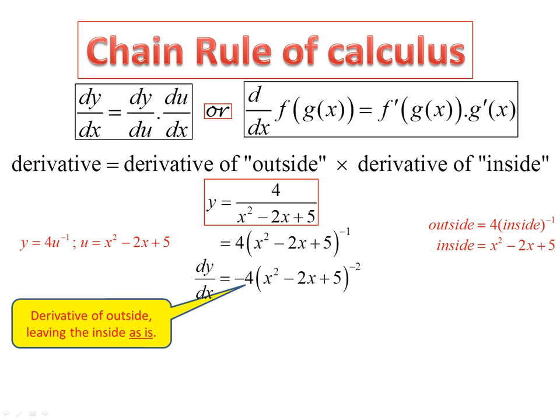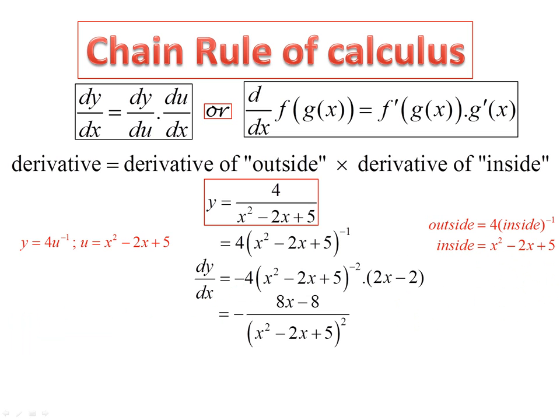So now we have to multiply by the derivative of the inside. There's the inside. And quite straightforward, in brackets times 2x minus 2. Now we can simplify that a little bit, I guess. There we are. And that's in simplest form, writing the negative exponent as a positive in the denominator.